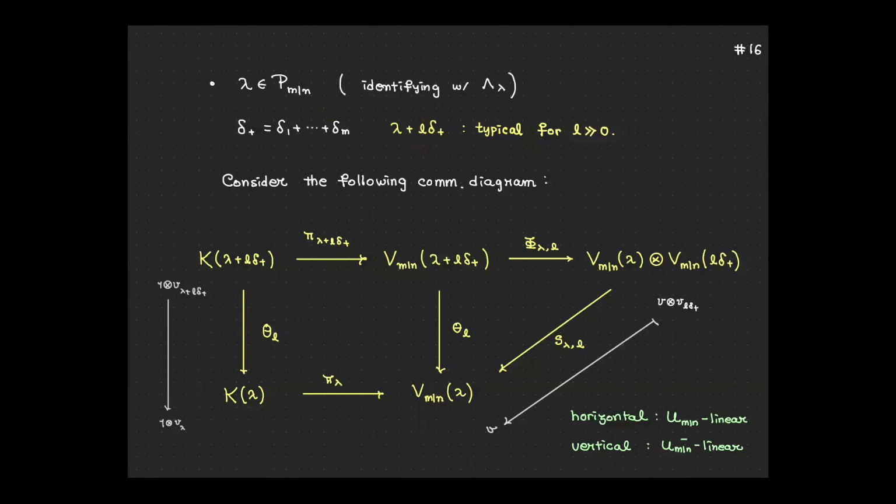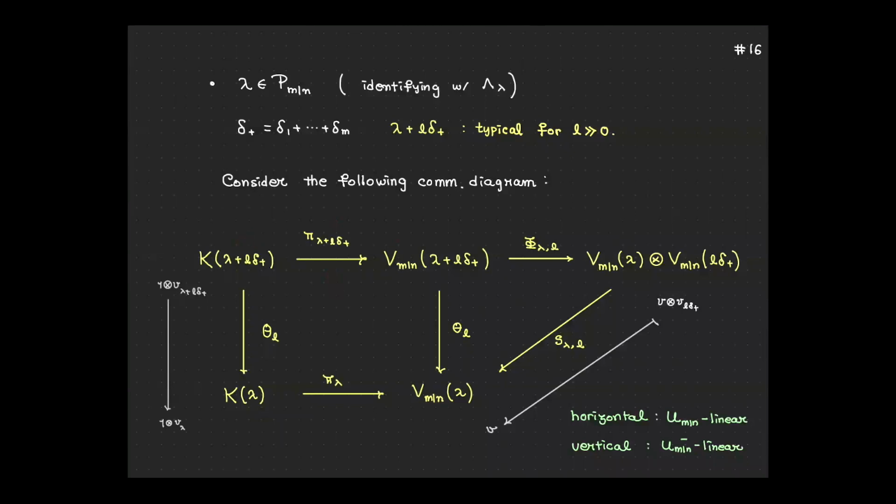So we replace lambda by this typical weight and its Kac module. Then with respect to this highest weight, we consider the projection to the polynomial representation of the same highest weight. In this case, we know that this is typical, so it is an isomorphism.